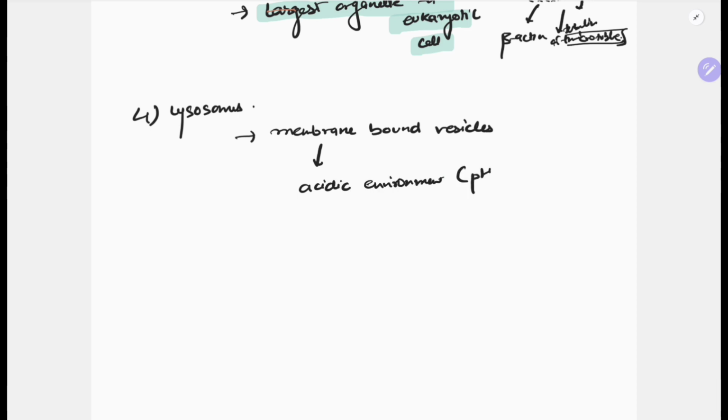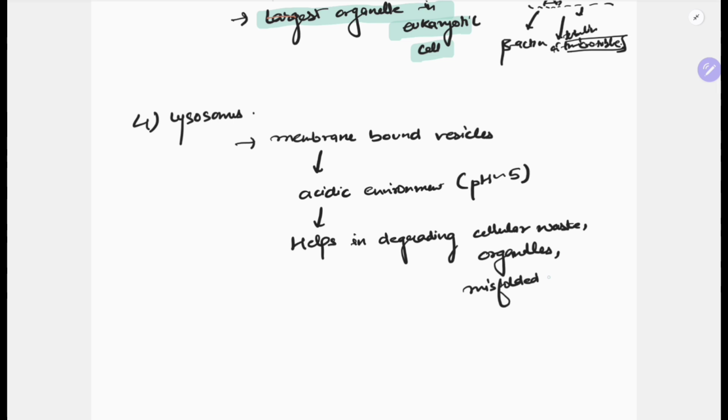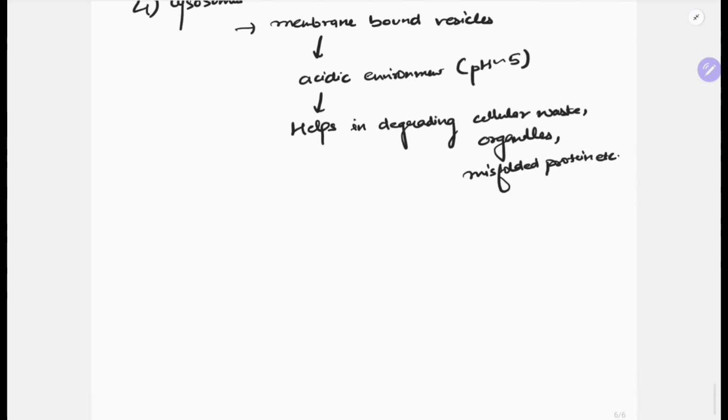It has a pH of around 5, so it is acidic, which helps in degrading cellular waste, organelles, misfolded protein, etc. Okay. So basically it works like a cleaner of our house, so it makes sure that everything is clean.